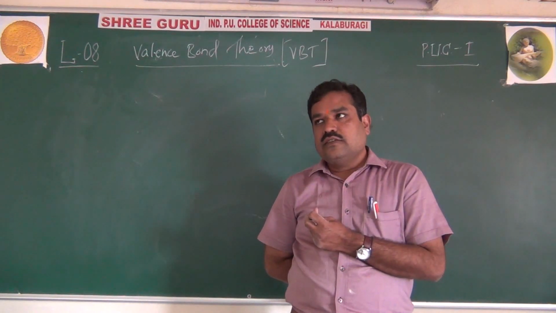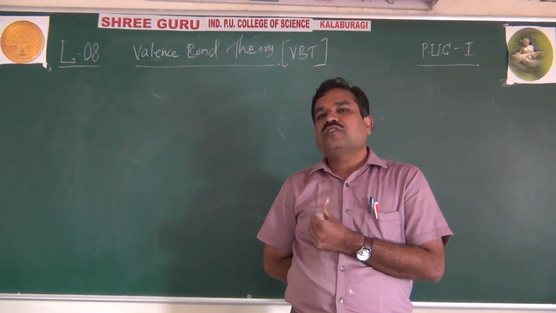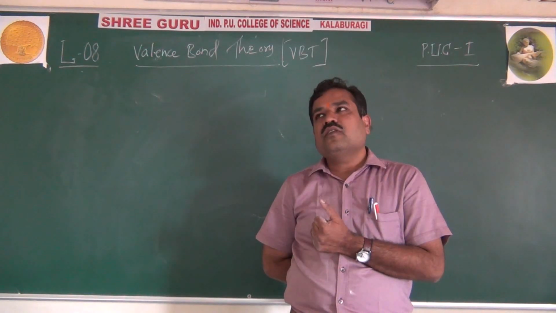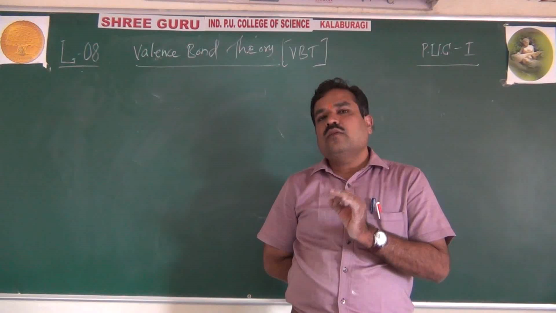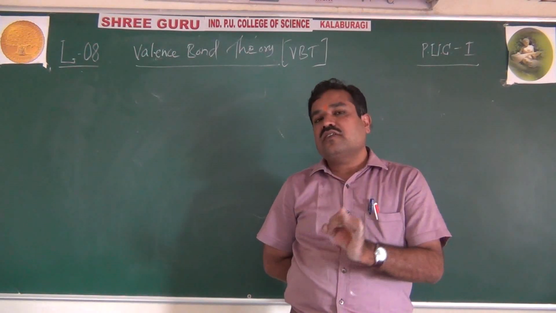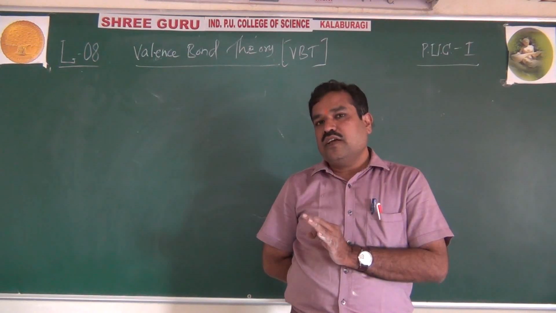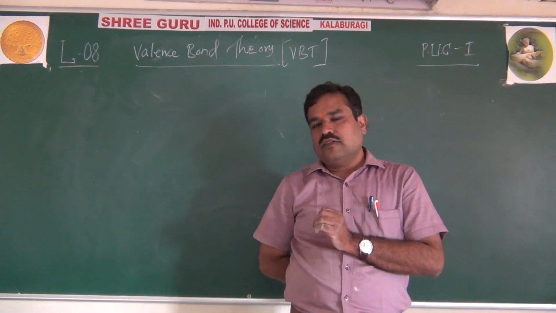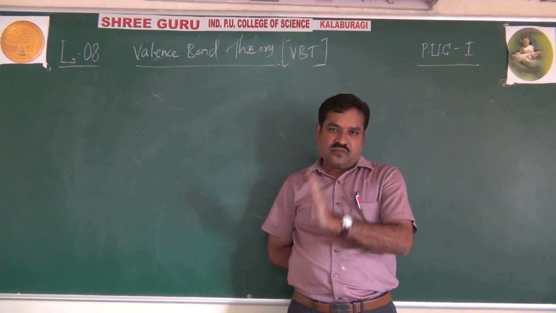Even another theory is there, VSEPR theory, valence shell electron pair repulsion theory. That theory also explains the formation of molecule without hybridization. It tells you only about geometry, but does not tell us about shape of molecule. I'll tell you further, while explaining VSEPR theory, what is the difference between geometry and shape.